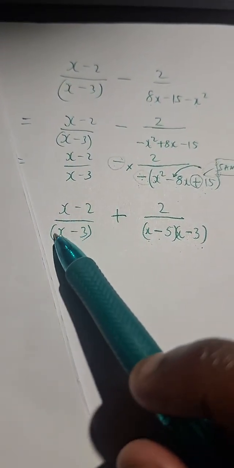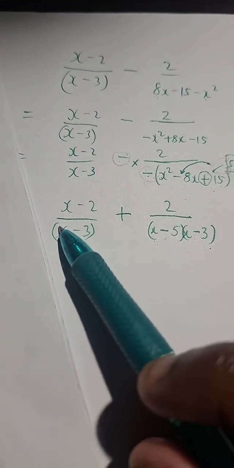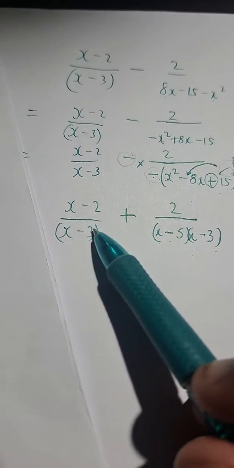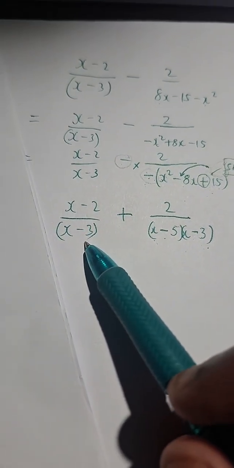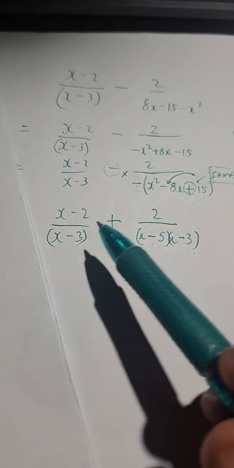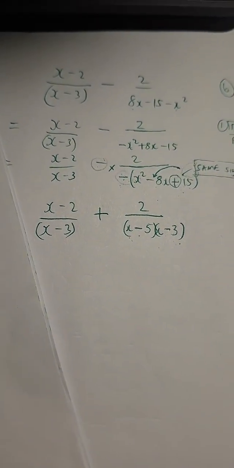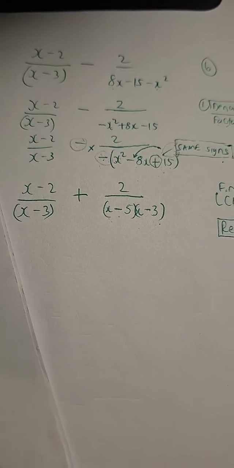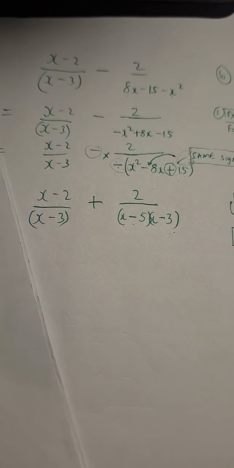And guys, what do we know about a denominator that is 0? If x is 3, then 3 minus 3 in the denominator means that the fraction is what? If there's a 0 in the denominator, division by 0 means what exactly, guys? I hope you understand why now I write the restriction.